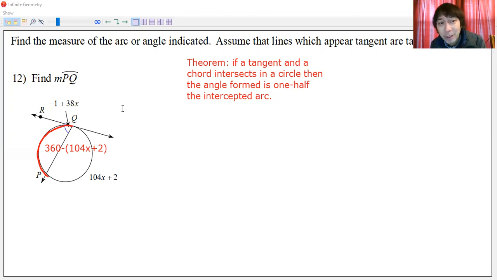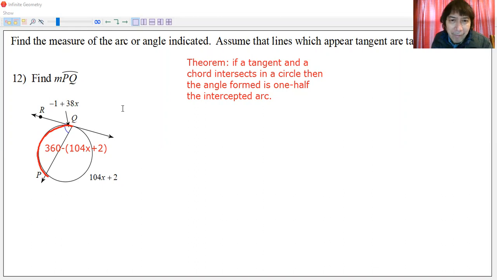Remember, there are only two letters in the circle, so it's either the bigger arc or the smaller arc. Okay, so we shall solve both arcs because there are only two letters in the circle. So it's either the bigger arc PQ or the smaller arc PQ. Okay, so the question is not definite, because there are two arcs we can name PQ there, the bigger and the smaller. Okay, all right, so let us solve both arcs.